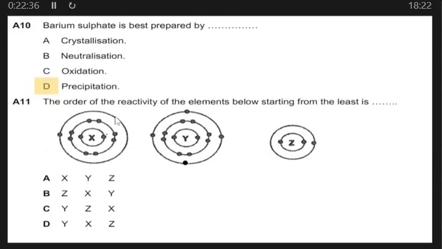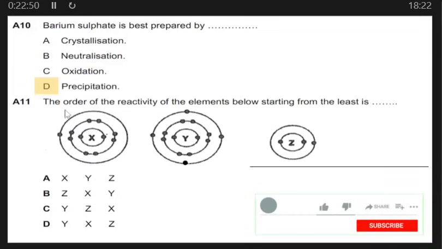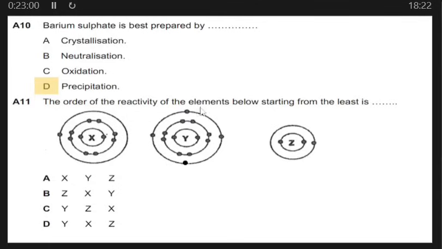A11 says the order of the reactivity of the elements below, starting from the least, is. First of all, you study the elements, especially by looking at their outermost shell. The outermost shell in this atom has 1 electron, which means it is a metal. This one has 4 electrons, which means it's a nonmetal. This one has 1 electron, which means it is also a metal.